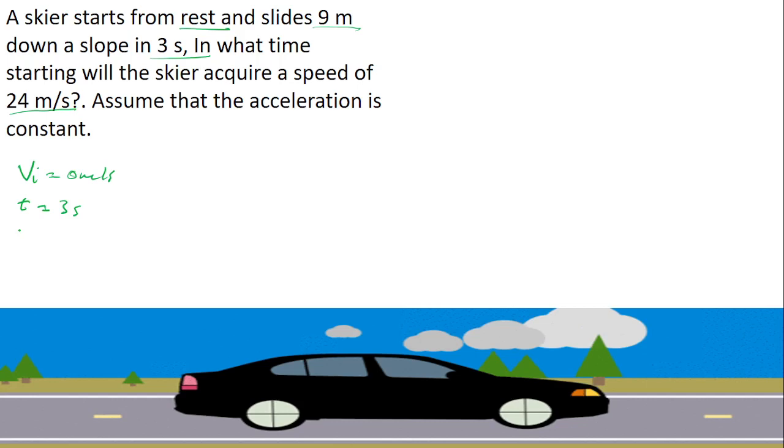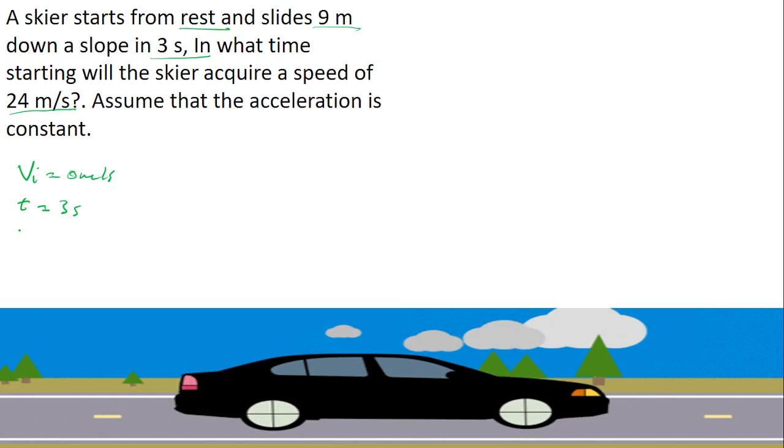From this information, remember the acceleration has been kept constant. What we have been asked is, in what time, starting from rest, would the skier acquire a speed of 24 meters per second? So here's the thing. We have the initial velocity, and the time, which is 3 seconds.